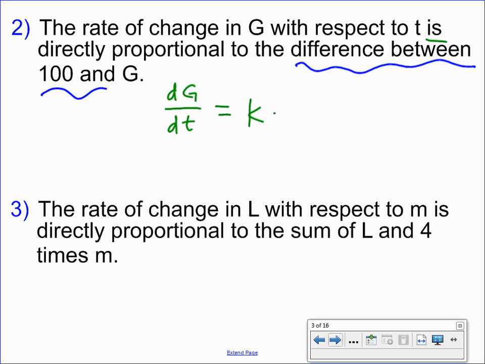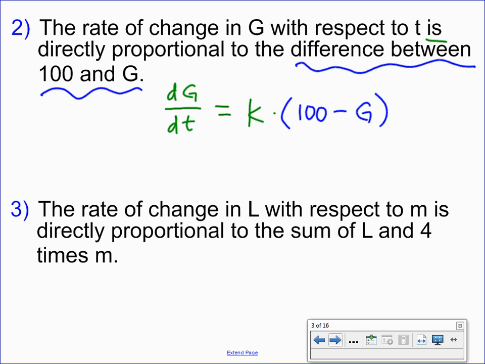How are we going to write the difference between 100 and g? Well, we know that difference refers to subtraction. So difference between 100 and g, 100 would come first because order matters for subtraction. So in this case, I would do quantity 100 minus g.